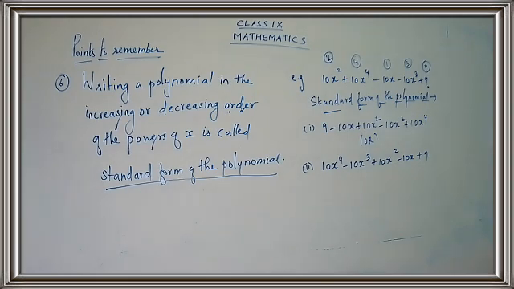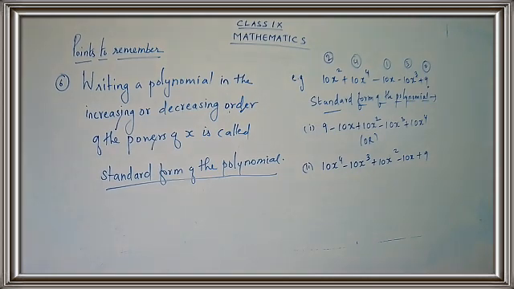Are you clear with the sixth point, children? So what is the definition for standard form of the polynomial? Writing a polynomial in the increasing or decreasing order of the power. So you are just going to focus on the power. Okay children? You are going to see the power and arrange the terms in the increasing order or the decreasing order.